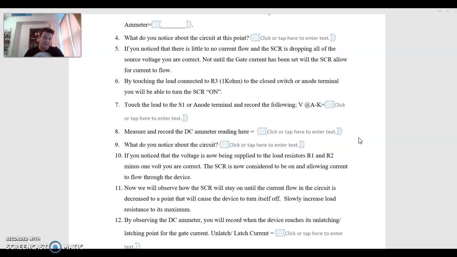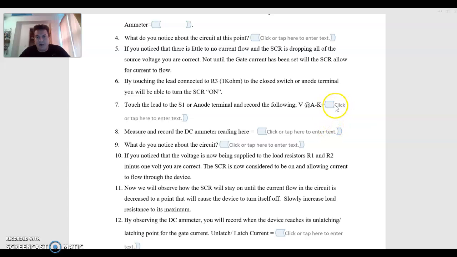Okay, so if we have a 100 ohm resistor and we're measuring 20 volts dropped across it, or 19 volts dropped across it, we should see almost 200 milliamps, right? Okay, you're going to record that theoretical current and voltage in these two places right here.